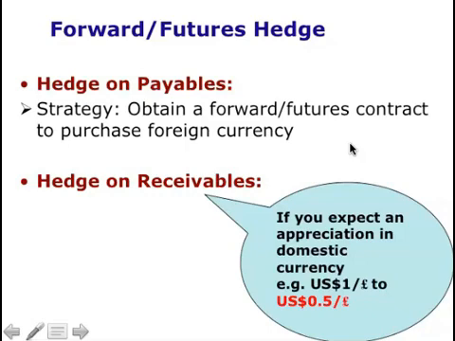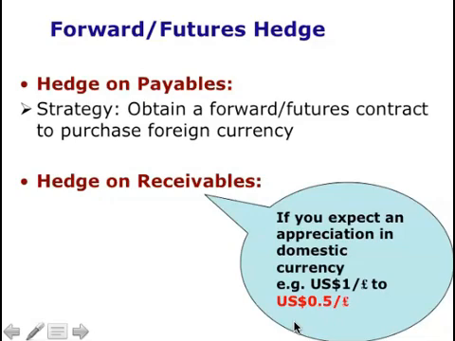Let's say the dollar appreciates against the pound sterling. When this is the case, when you convert foreign currency into domestic currency, the amount that you receive will reduce, because your domestic currency appreciates, correct? So this is a risk. The amount that you receive in domestic currency will reduce.